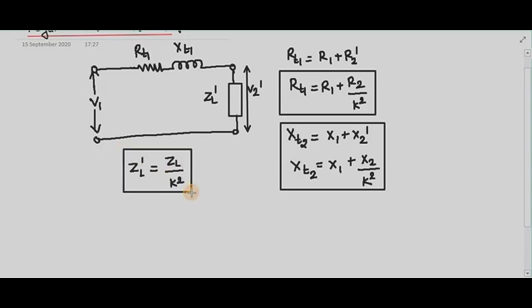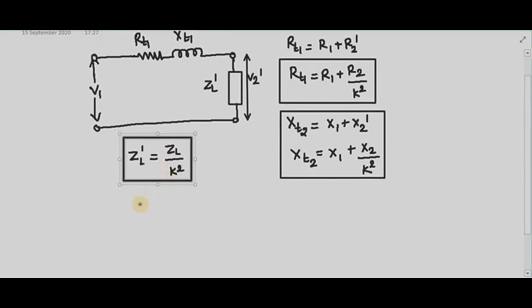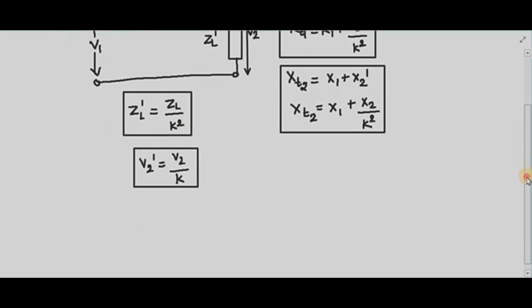Similarly, when I transfer the terminal voltage V2 to the primary side, my V2 will become V2 dash, and it is nothing but equal to V2 by K. It will become V2 by K. Okay. Then I will now draw the equivalent circuit.